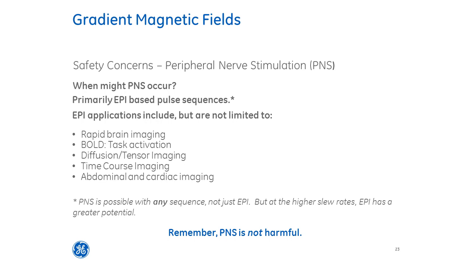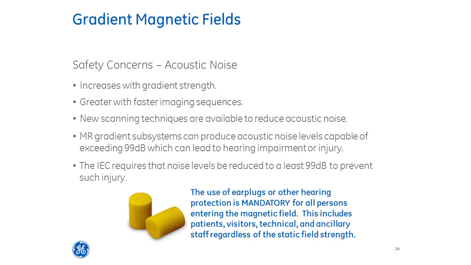A few examples of EPI sequences are rapid brain imaging, DWI, fMRI, also known as BOLD imaging, diffusion tensor, time course imaging, and any number of abdominal or gradient sequences. All of these are examples of steep gradients that are switching on and off very fast. While the sensation of PNS can feel odd, it is important to understand that PNS itself is not harmful.